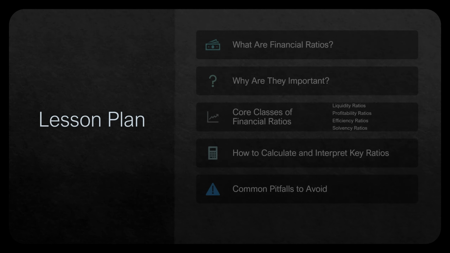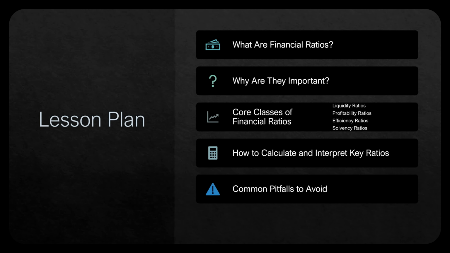So today, our roadmap will begin with the basics: what are financial ratios? Then why they are important, why they matter, and then we'll dive into the four key categories of ratios, which are liquidity ratios, profitability ratios, efficiency ratios, and solvency ratios.